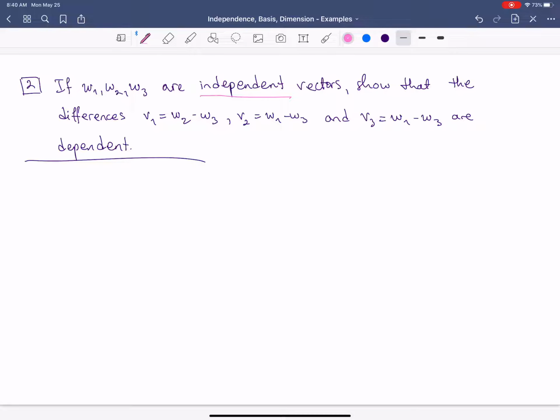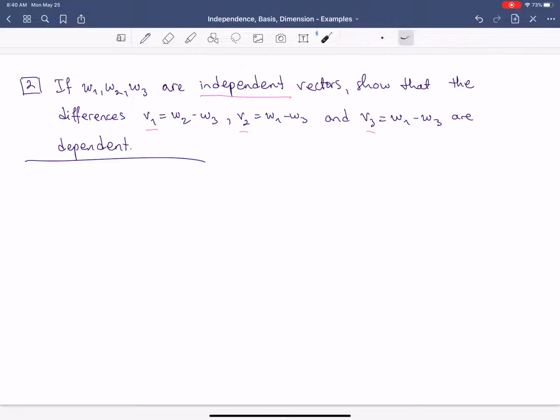We are asked to show that these differences, v1, v2, v3, so that's w2 minus w3, that's a new vector, then v2 consisting of w1 minus w3 and v3 consisting of w1 minus w3, that these 3 vectors are in fact dependent. How are we going to show this?